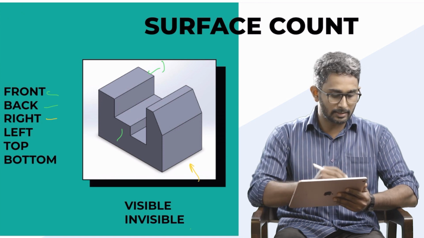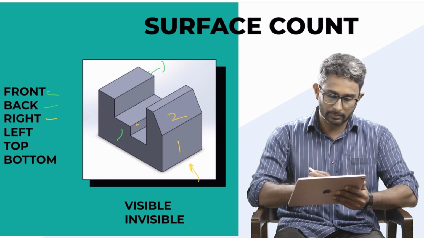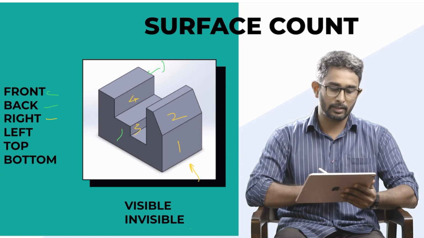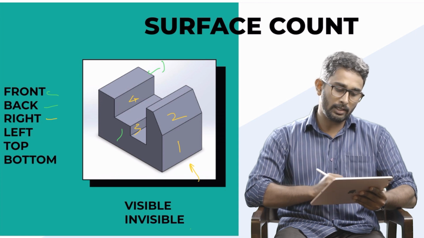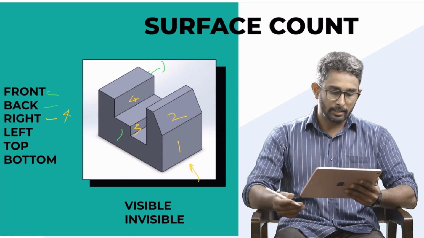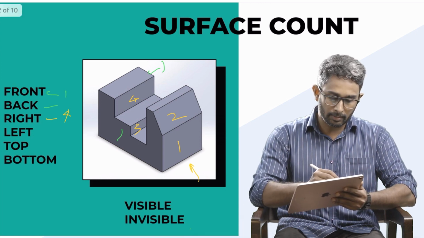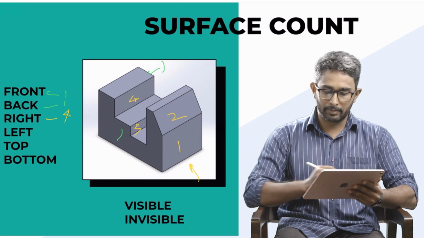How many surfaces are there on the right side? 1, 2, 3 and 4. I think I have only 4 surfaces on the right side. Let me mark the number of surfaces on front and back: 1 and 1.